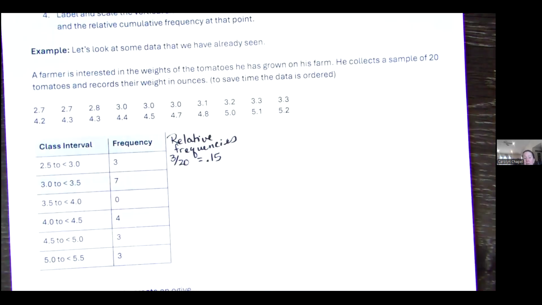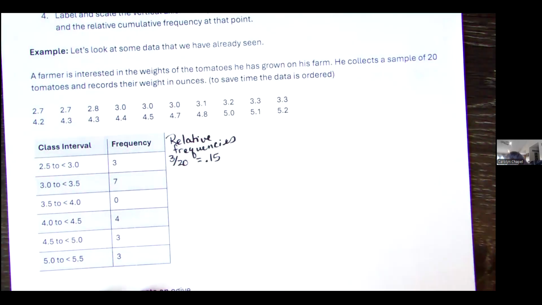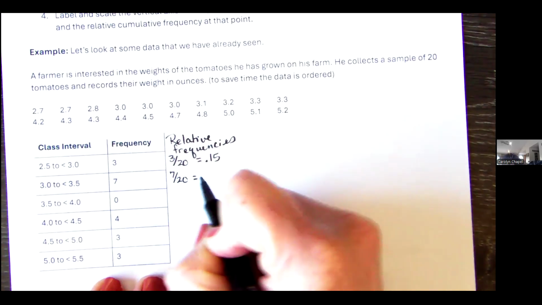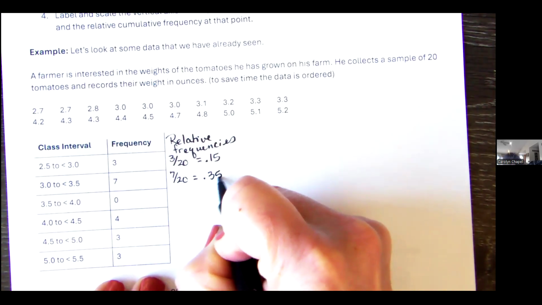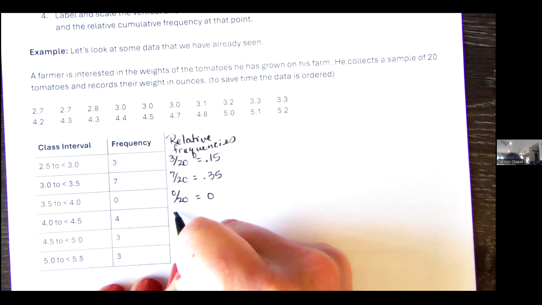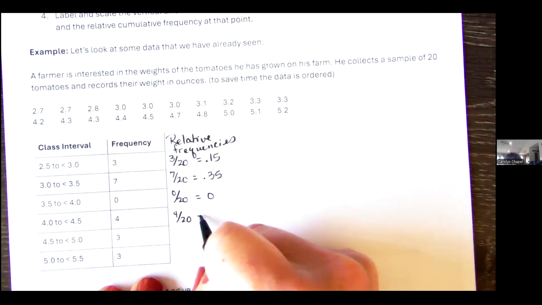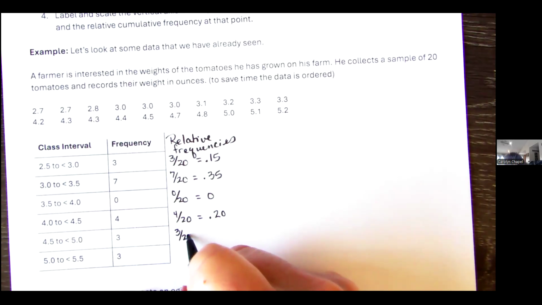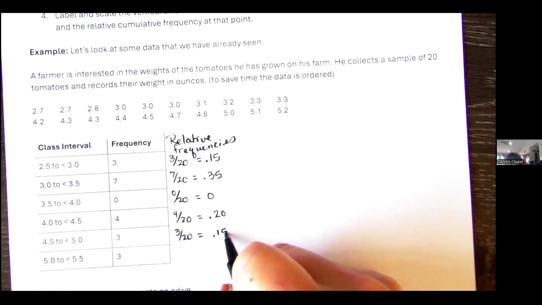And using my calculator, 3 divided by 20 is 0.15. 7 divided by 20 is 0.35. 0 divided by 20 is still 0. 4 divided by 20 is 0.20. 3, and then 3.